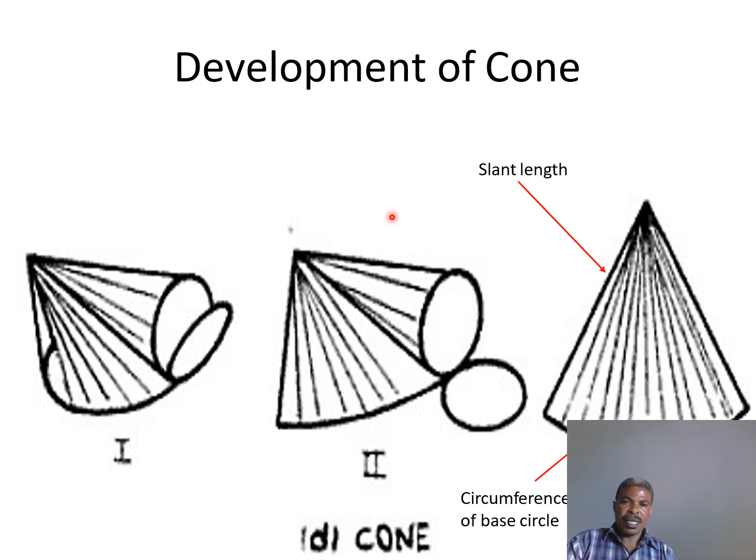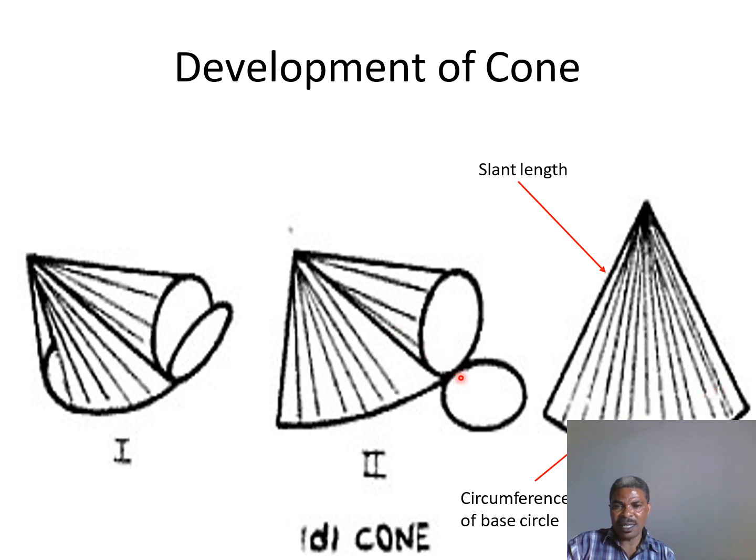Let's see the case of a cone. A cone, also we start by wrapping a plain paper around it. When we unfold the paper wrapped around the cone, after you have unfolded, it looks like this.